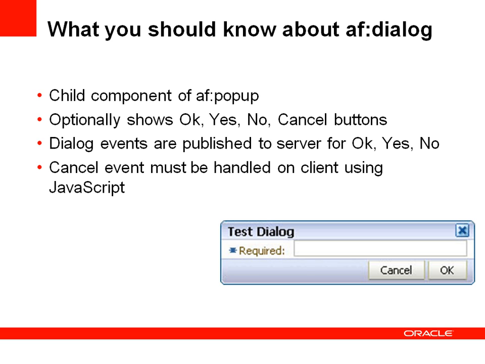What you should know about ADF dialogs. An ADF dialog is one of the child components that you can put inside of an AF pop-up dialog. The AF pop-up is the functionality that you see when you launch a pop-up, but the chrome, the rendering, is a dialog, a note window or something similar.